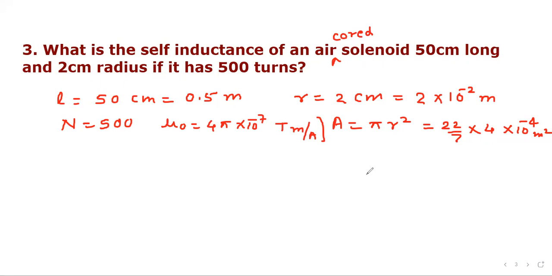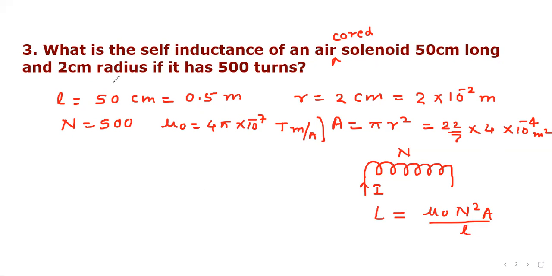Now, if we are given a coil and it has number of turns capital N and the current I flows through it and area of turn is capital A, in that case, self-inductance is given by mu naught N square A divided by L. So here, same situation is there. So we apply the formula L equal to mu naught N square A divided by L. We put the values.